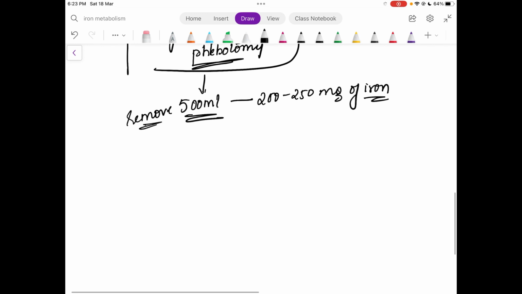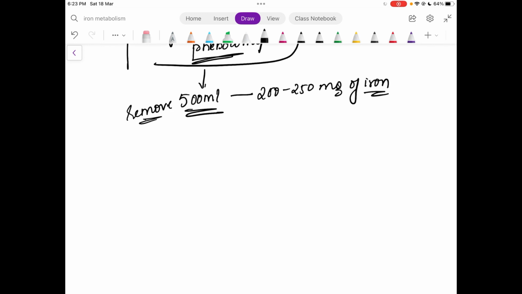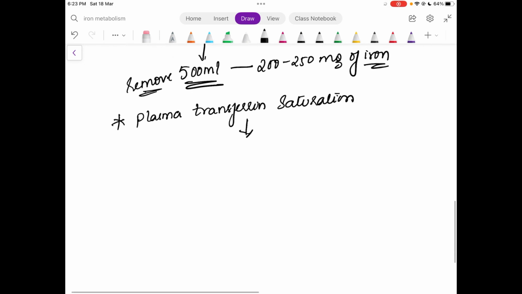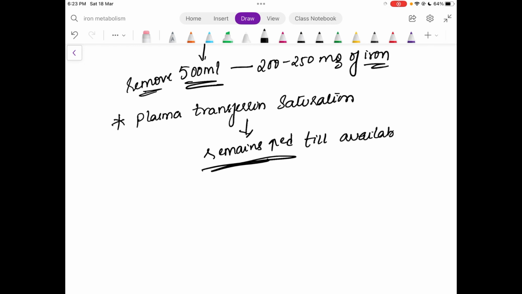After taking out blood through phlebotomy, which parameters will change? If you see plasma transferrin saturation, it remains increased till available iron stores are depleted.